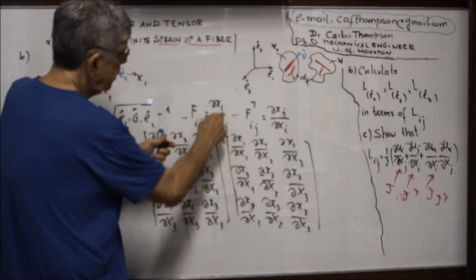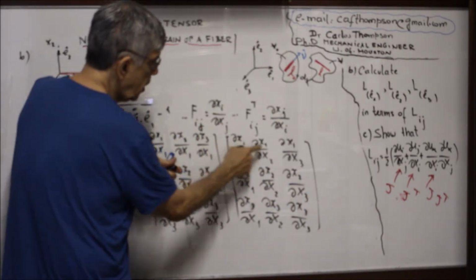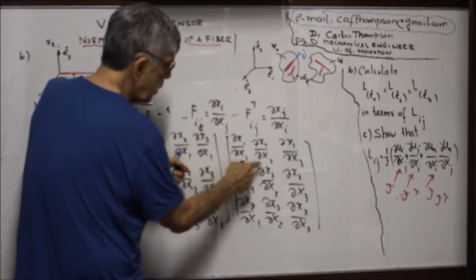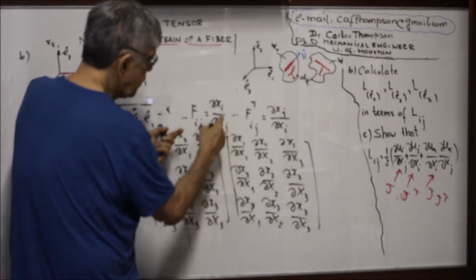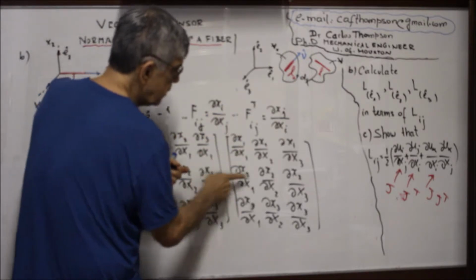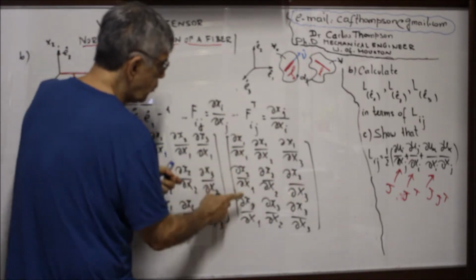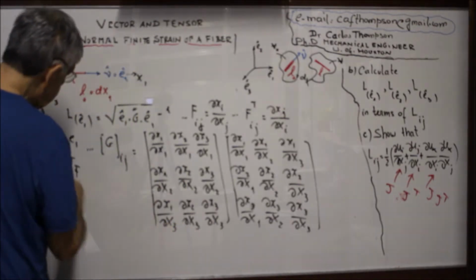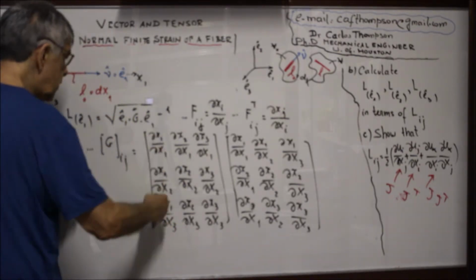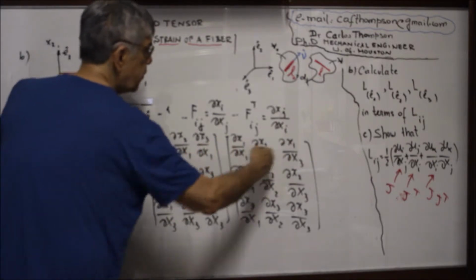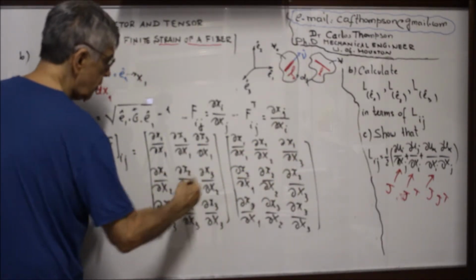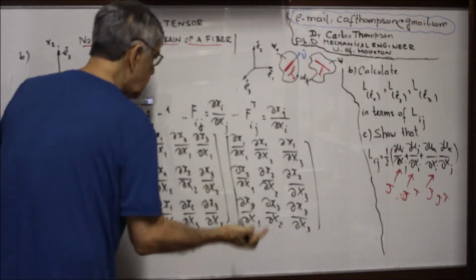I is equal to 1 is the first row, and the sum on J is 1, 2, 3. I is equal to 2 is the second row, I is equal to 3 is the third row. But for F transpose, that's the first column: first row, first column; second row, second column; third row, third column.